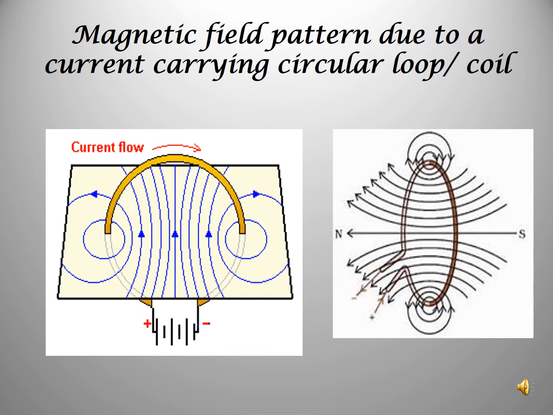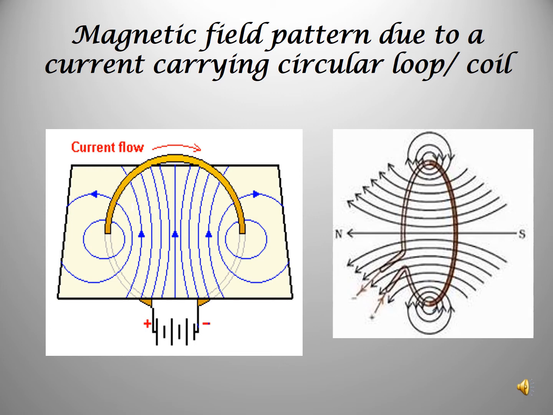The same current, when it is coming down in the second half, that means on the right hand side, if you place your thumb down this time, then you will see that the other fingers are curling around in the clockwise direction.